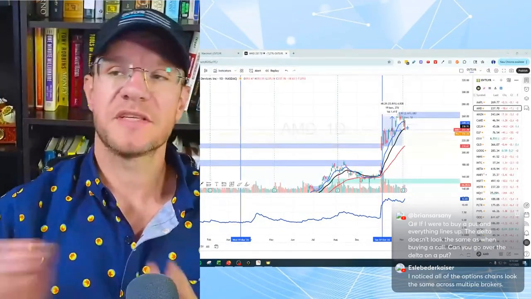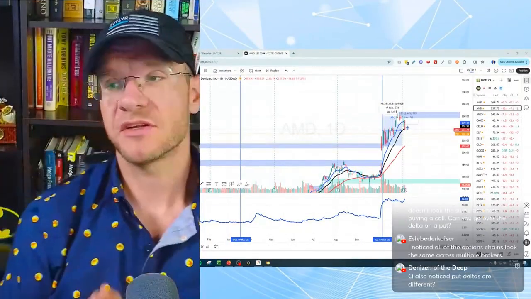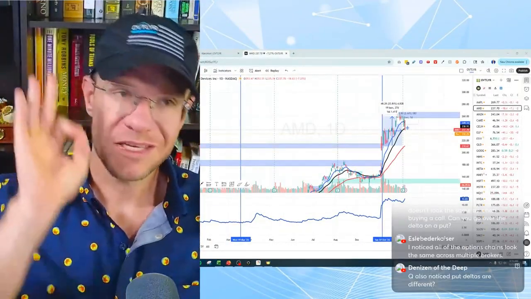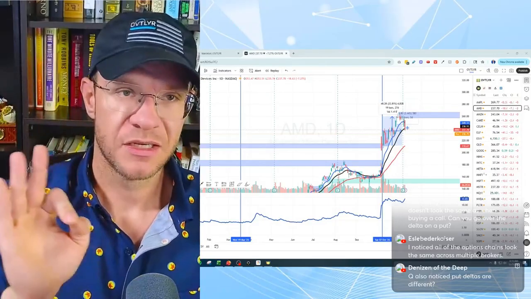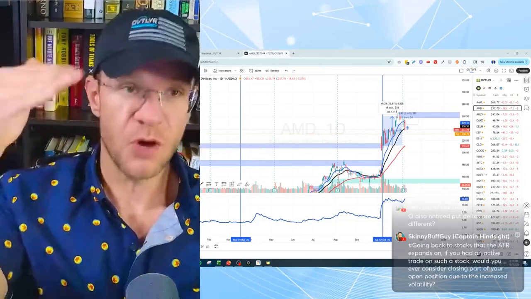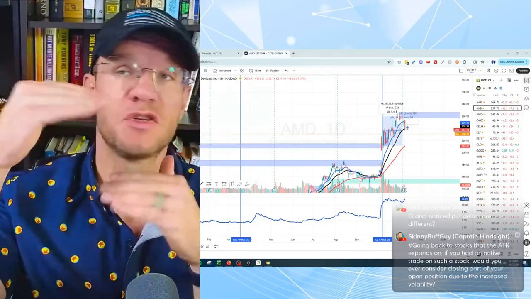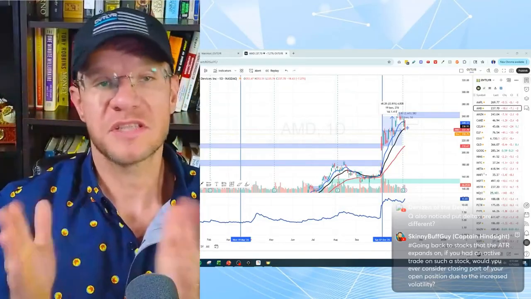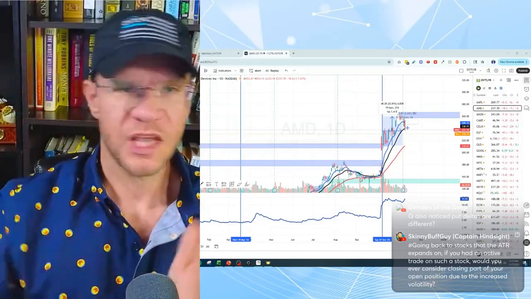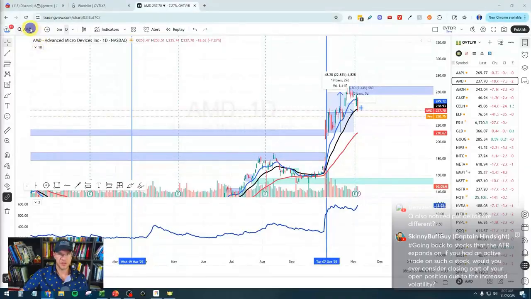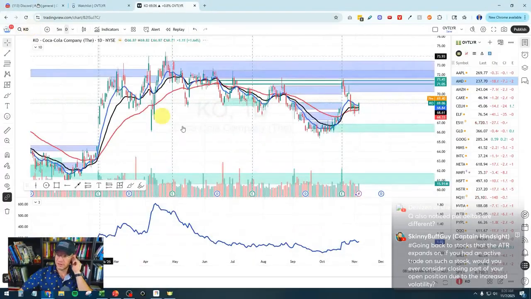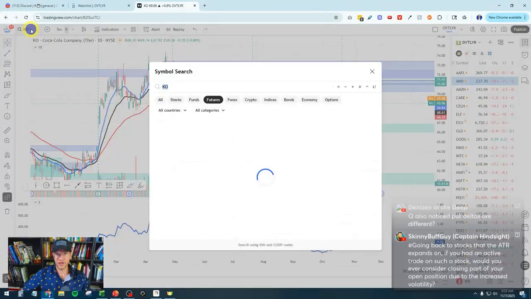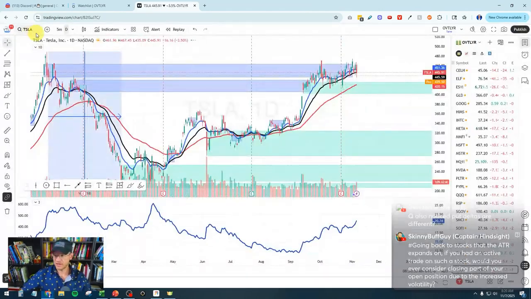And then what's really cool is that once you start position sizing based on ATR, you can have the same dollar risk on 2 wildly different assets. I like to use Coke as a boring stock and Pepsi as a super volatile stock. When you position size based on ATR, let's go look at Coke and Pepsi real quick. So Coke is ATR of 1.03. Tesla is an ATR of 20.